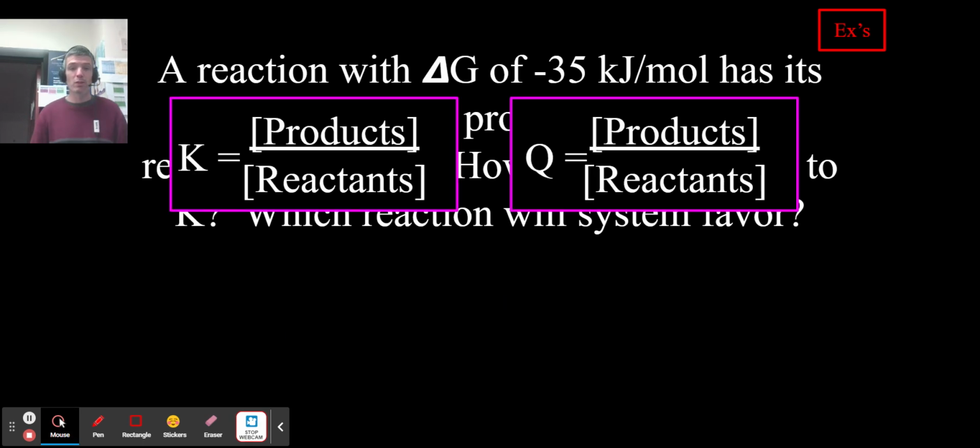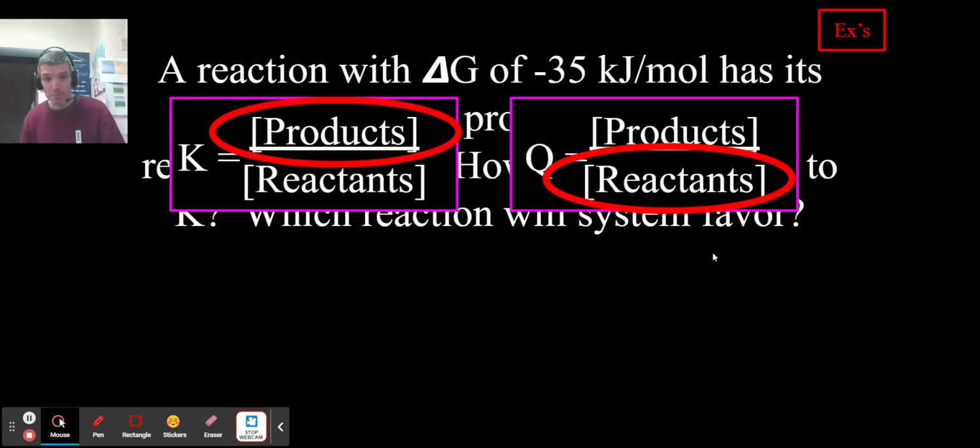The reaction quotient and the equilibrium constant. K is just a specific value, what the reaction tends to after a given time. And remember, I had no products, so I've got all my reactants in there and none. Therefore, my Q is going to be really, really small. Small number divided by a big number, I get an even smaller number.